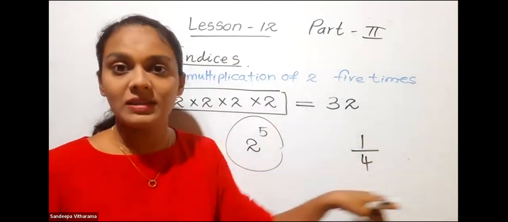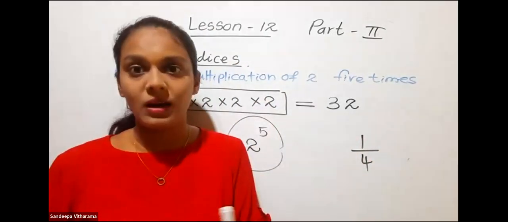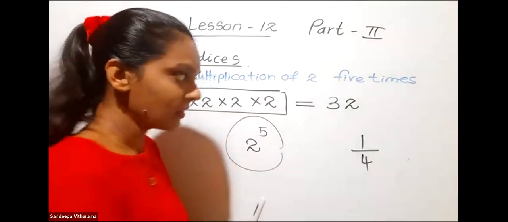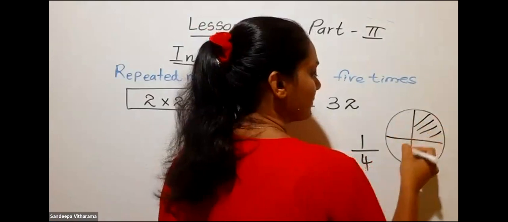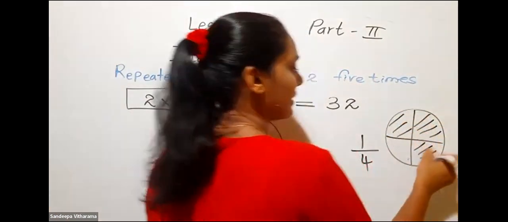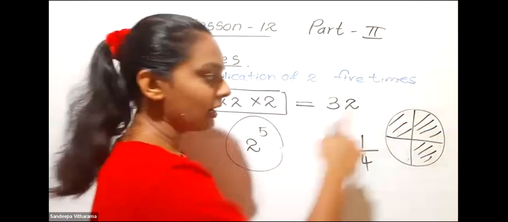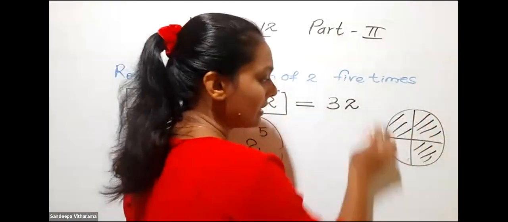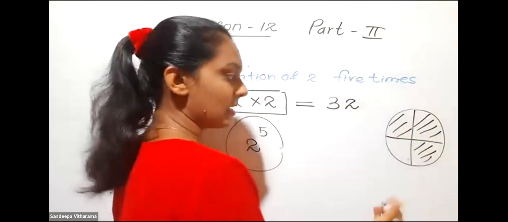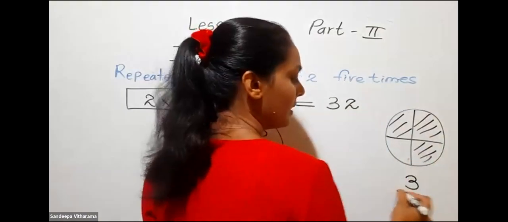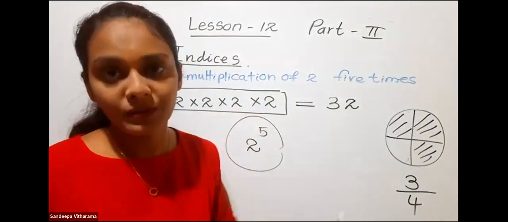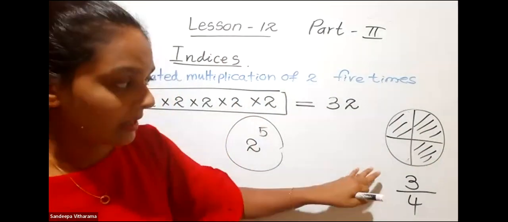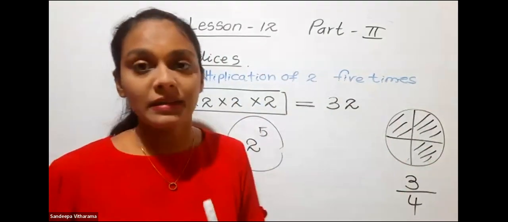That is what is expressed by a fraction. You should know how to understand this one. You may think that here there's a circle. I have shaded 3 parts. If 3 parts is expressed as a fraction, how? There are 4 equal parts. Out of 4 equal parts, I have shaded 3 parts.